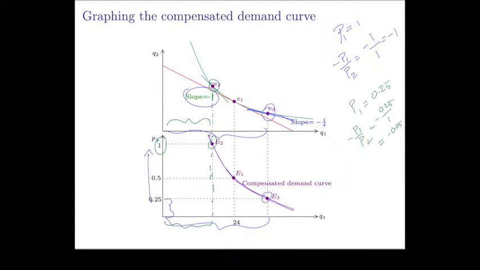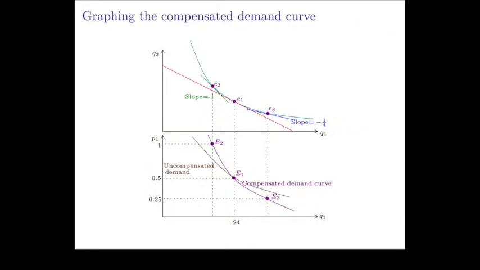Now there are some things to note. Remember, when we found this point, capital E1, we would have done exactly the same thing to find the uncompensated demand curve. So the uncompensated demand curve is also going to pass through this particular point. However, the uncompensated demand curve is going to be flatter than the compensated demand curve.